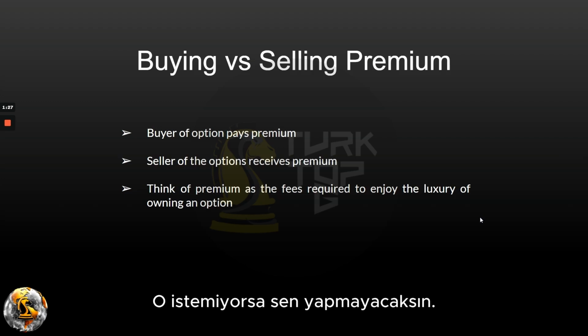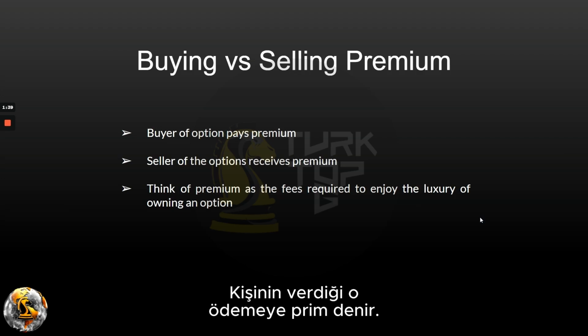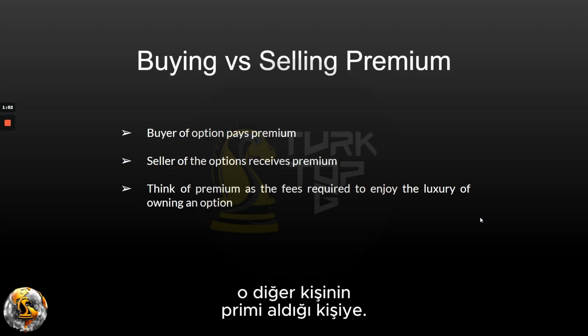If he doesn't want to, he won't do it. That's the privilege he gets. To get that privilege, he has to pay someone to take the other side of the trade. That payment is called premium. So the buyer of the option pays the premium to the person who is taking the other side of the trade, and that other person is getting the premium.